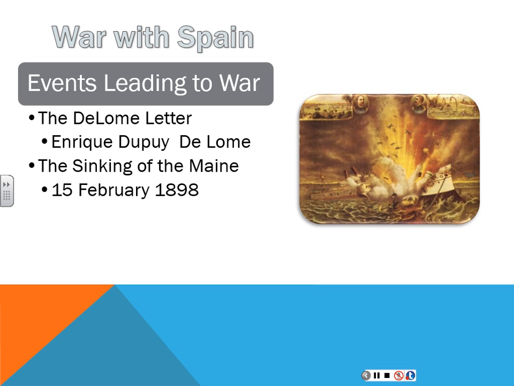On February 15th, 1898, at 9 p.m., the forward third of the Maine explodes, killing 260 sailors on it. The ship sinks.